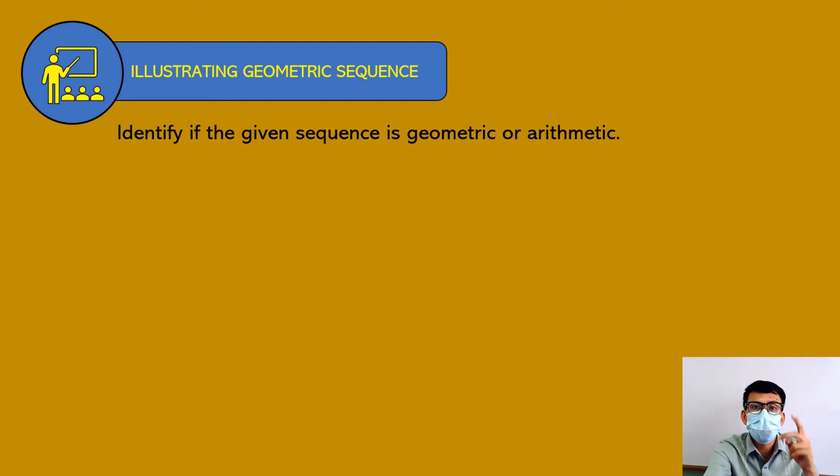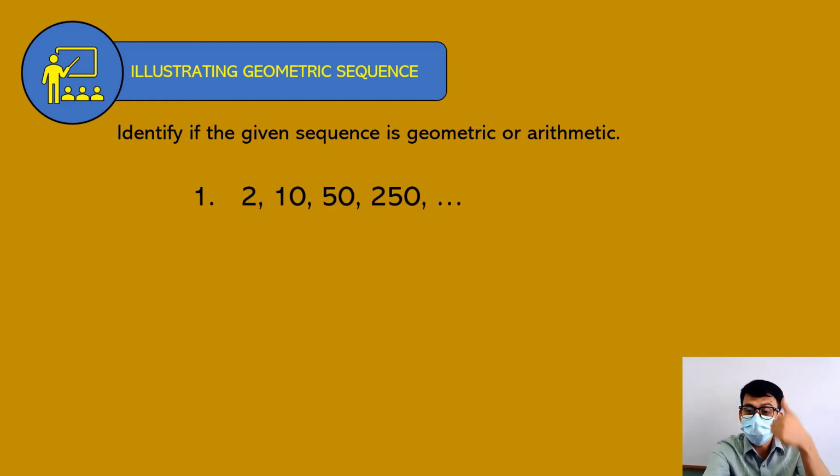How do we get the common ratio? We divide the current term by the previous term. So for an arithmetic sequence, get the common difference by subtracting; for a geometric sequence, divide the current term by the previous term.